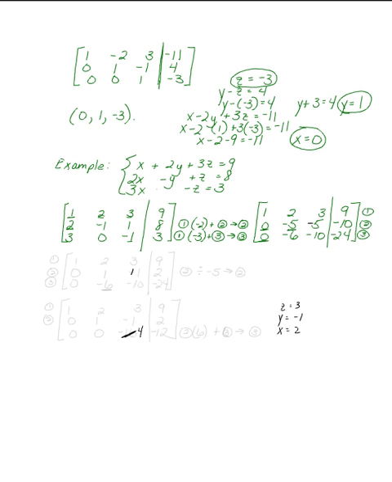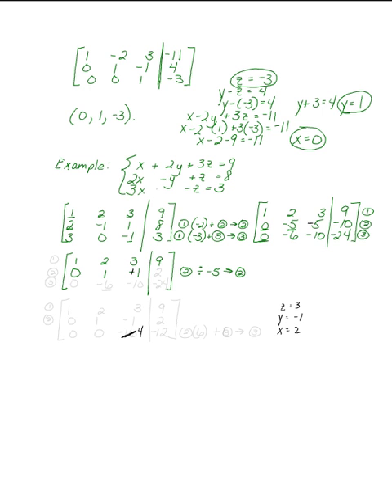And so we're going to leave that first row alone. In order to get a 1 right there, we're just going to take row 2, divide it by negative 5, and put it in row 2. So what I've got then is 0 divided by negative 5 is 0. Negative 5 divided by negative 5 is the 1 that I want. 5 divided by negative 5 is negative 1.